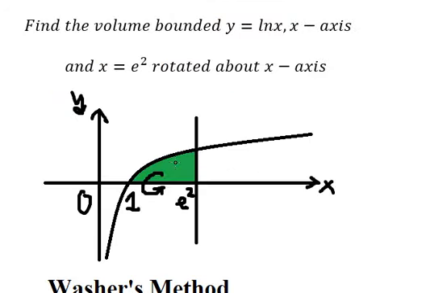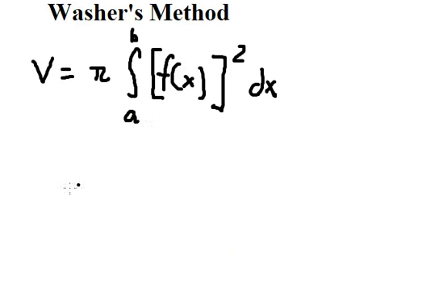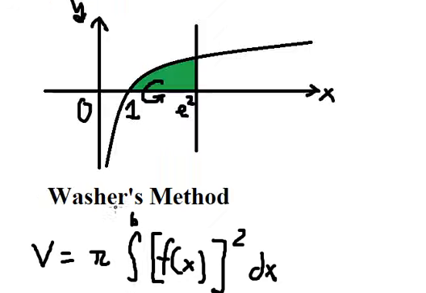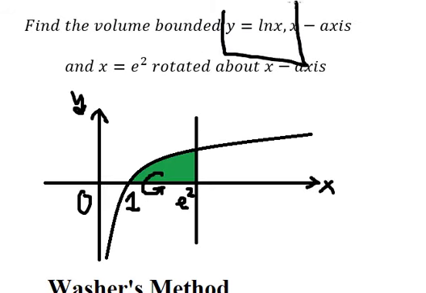We see that this is a positive area, so we don't need to use the negative sign in here. A, that's from number 1. B, that's e to the power of 2. This one is about this one.